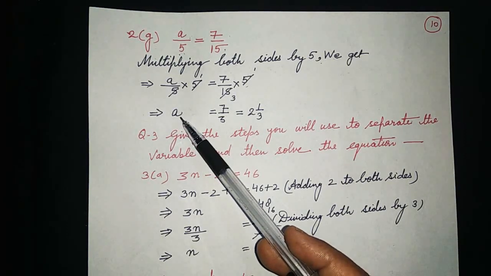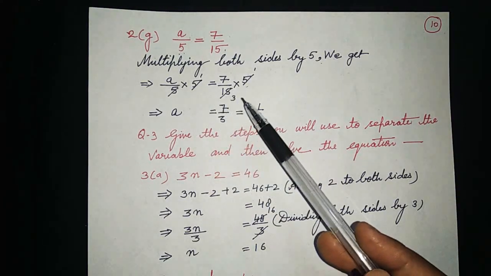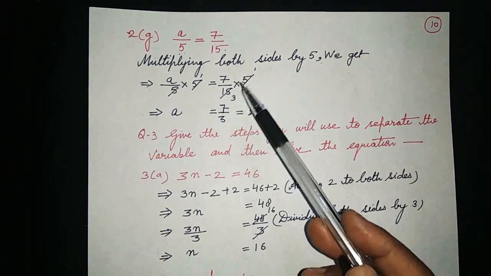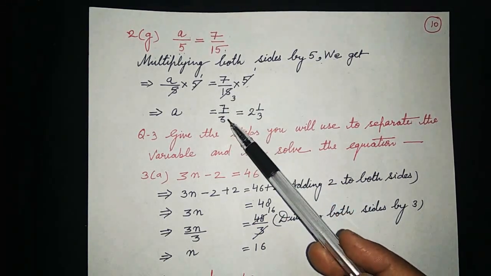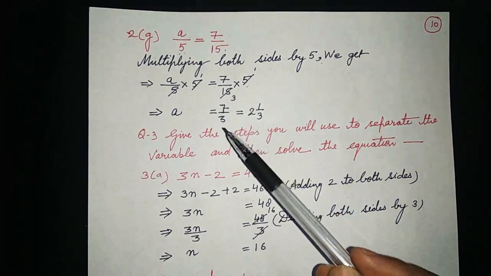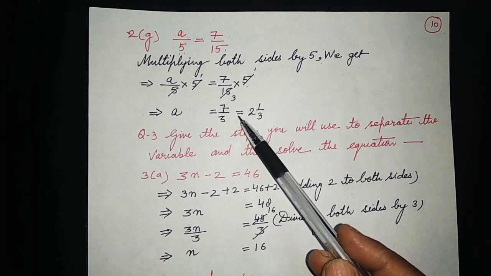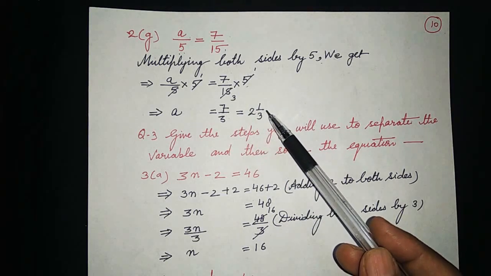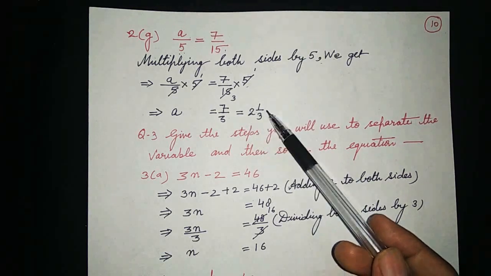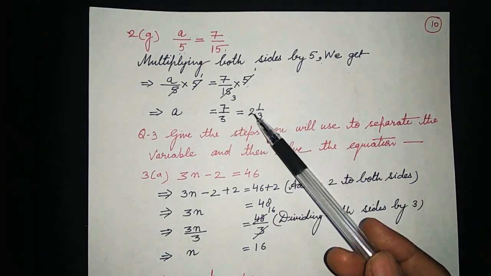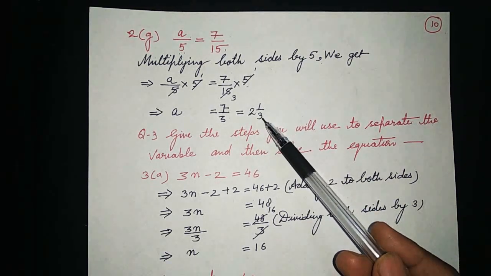A is coming only on the left hand side, and on the right hand side what is coming? 7 upon 3. You cannot simplify it more, but you can convert it into mixed fraction. So you can write it like this also, 2 whole 1 upon 3.